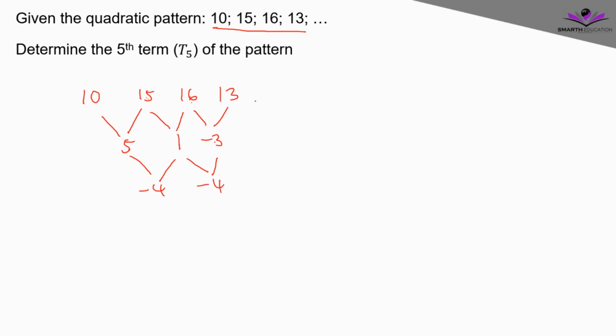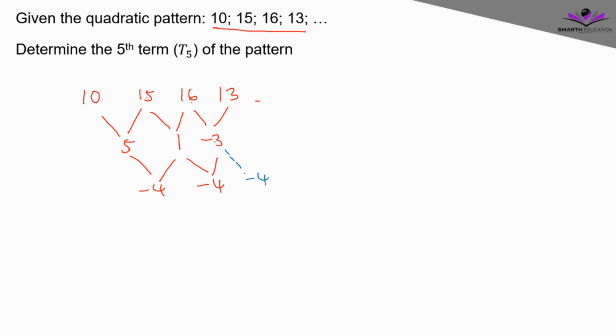Now, how can we extend this sequence so that we have more terms here? What we can do, we can start from the second differences, because we know that for a quadratic sequence, the second differences are constant. So you can start with your second difference there, which is -4, right?